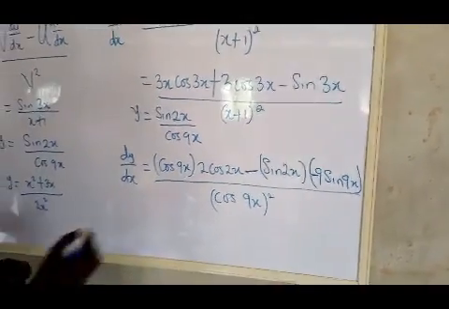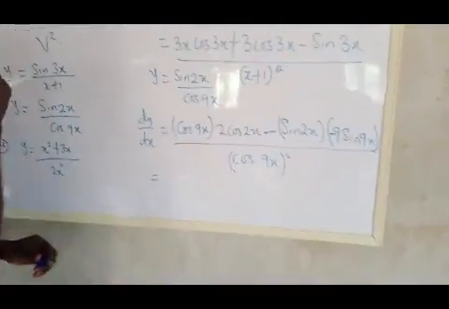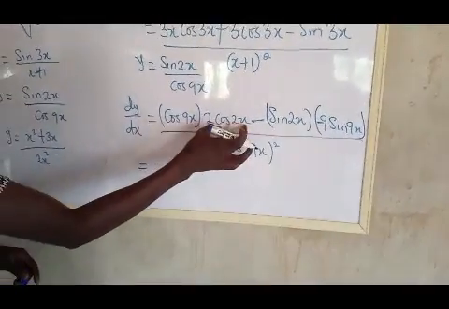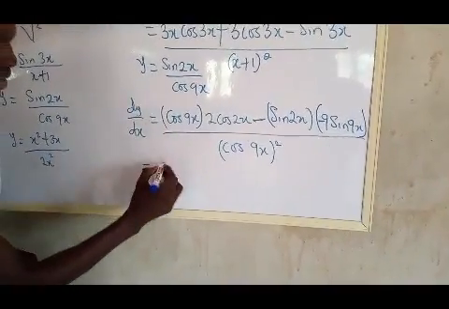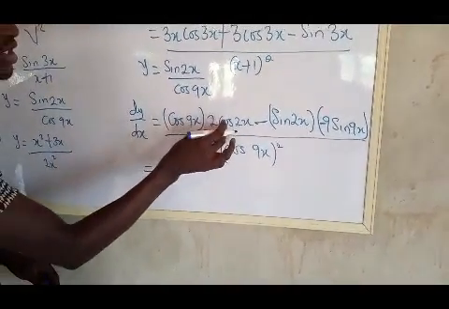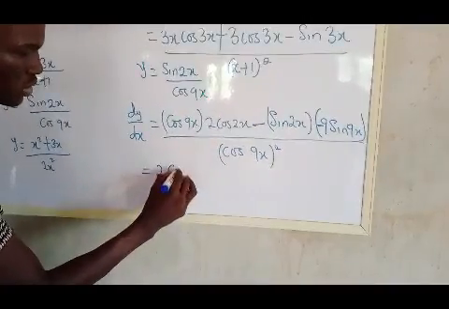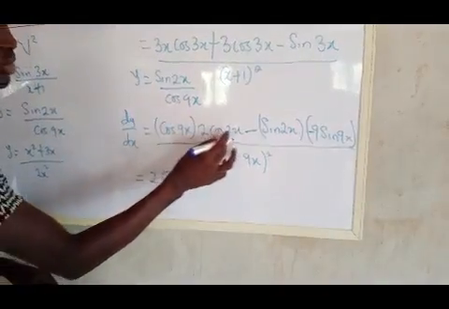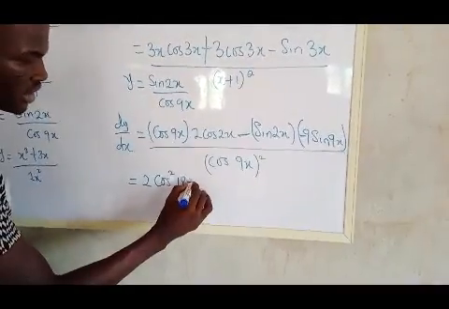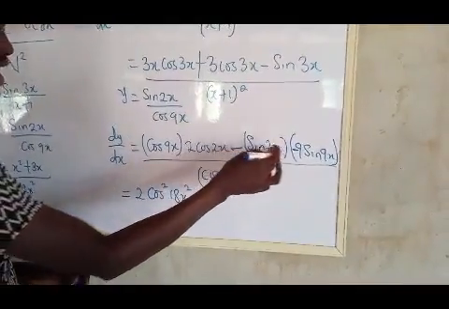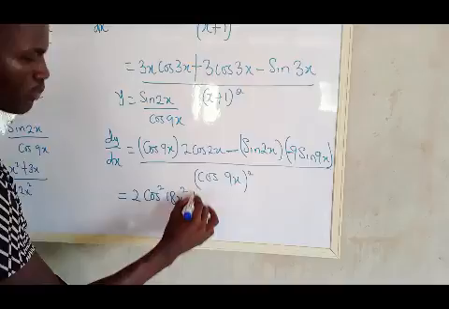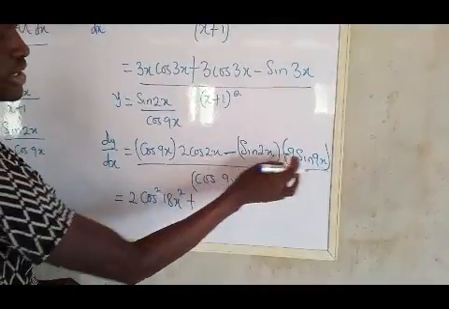Have you got what I'm doing now? All right, so let's finish that up. Cos 9x times this will multiply, these two will come to this side, so this is 2. Cos times cos will give cos squared, 9 times 2 will give 18. So minus times minus is plus, sine times sine.